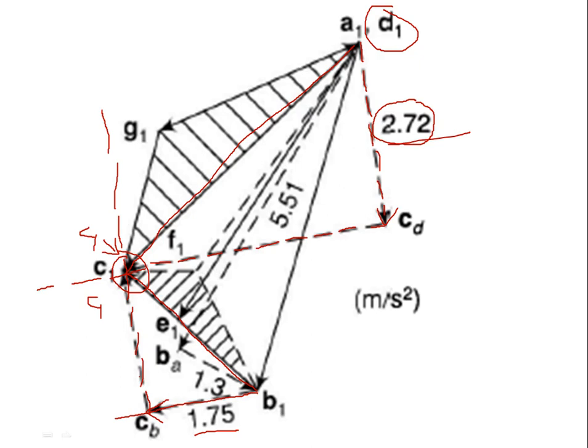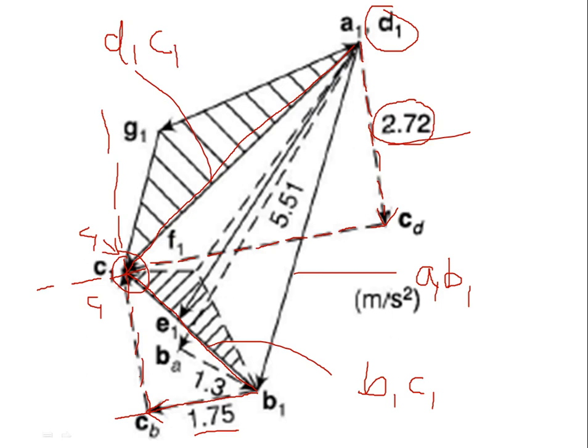So first you got A1 B1 like this. In the morning we did this A1 B1. Now by the intersection at C1, you get this line as B1 C1, and this one as D1 C1.